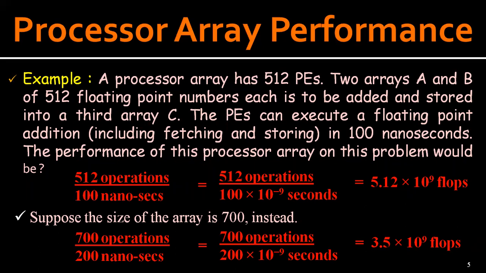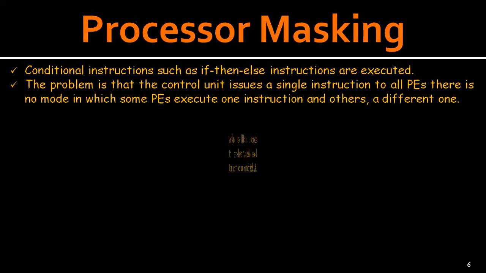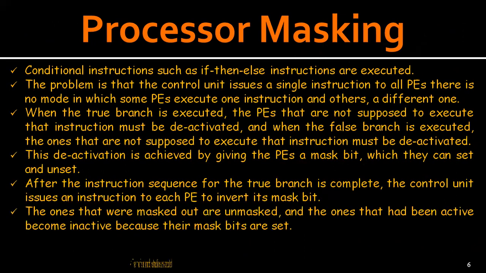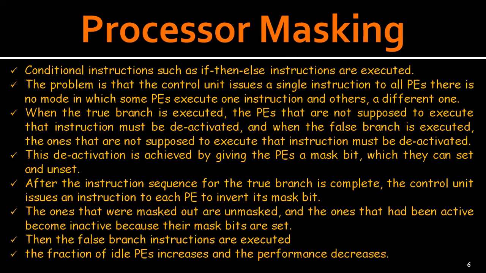Now let us see what processor masking is. A processor array must also handle what PEs do when they do not need to participate in a computation, as in the example we discussed earlier. This problem arises when conditional instructions such as if-then-else get executed.